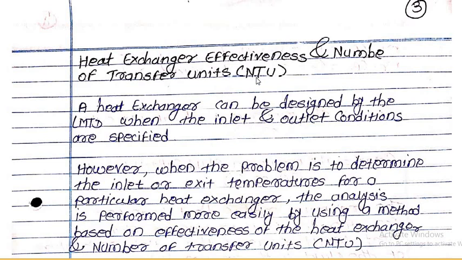The mean temperature difference, given as theta m, is equal to theta 1 minus theta 2 divided by ln of theta 1 divided by theta 2. So this is the general LMTD equation, but to calculate the mean temperature difference in the LMTD method, the initial condition is that we should have all the 4 temperatures, that is, 2 temperatures related to the hot fluid and 2 temperatures related to the cold fluid.